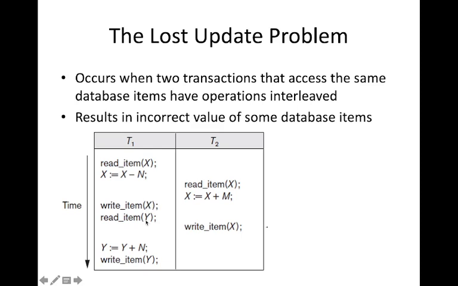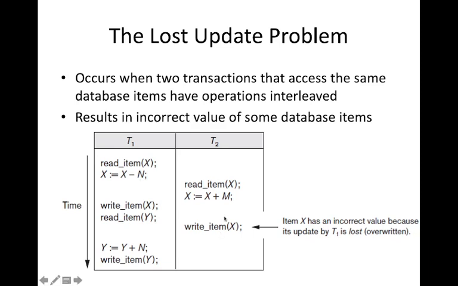Then T1 performs write item of X, and again 110 is written. So the update is lost. This is known as the lost update problem. Item X has an incorrect value because its update by T1 is lost.